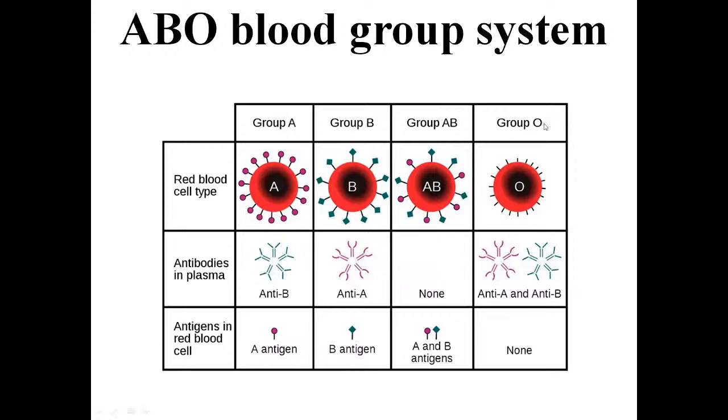And a patient with group 0 has no antigens on the erythrocyte membranes, and in plasma this patient has two types of antibodies, anti-A and anti-B antibodies.